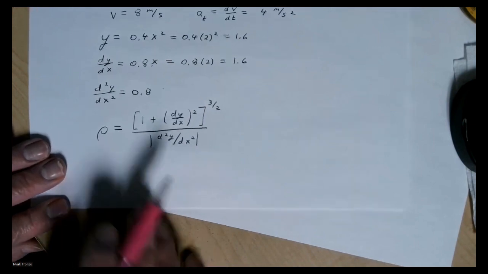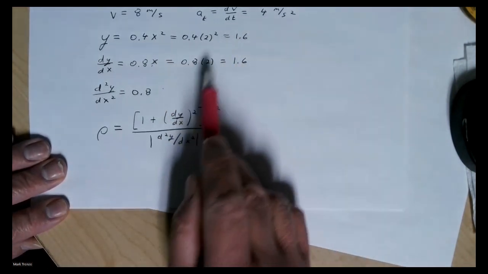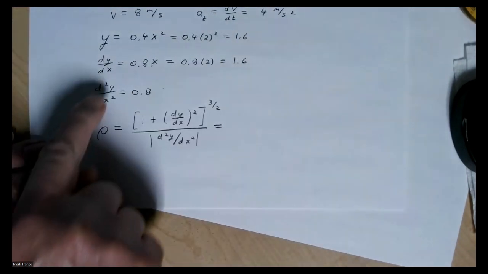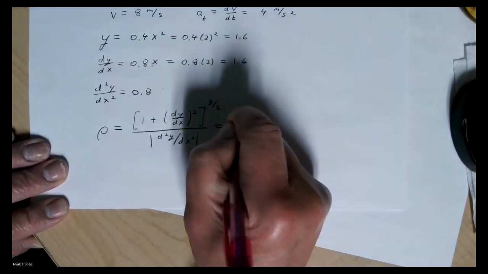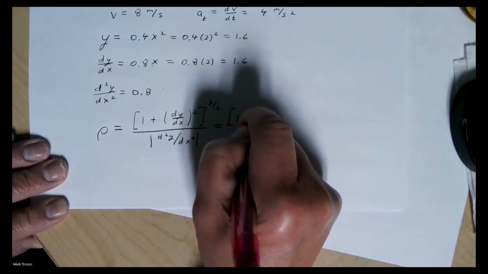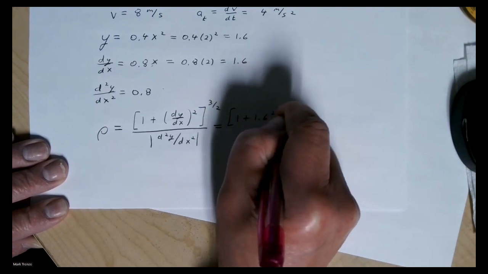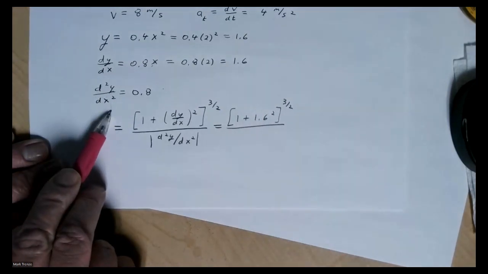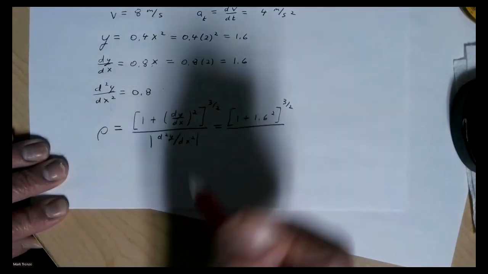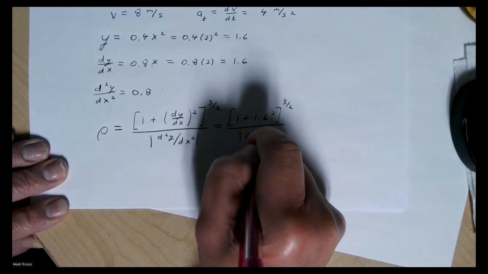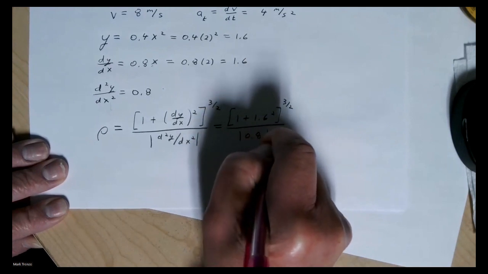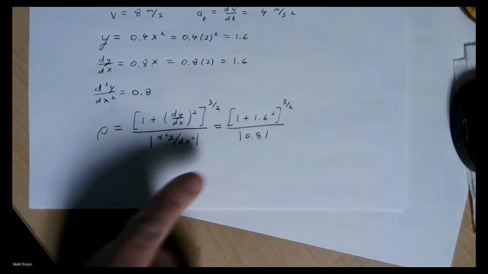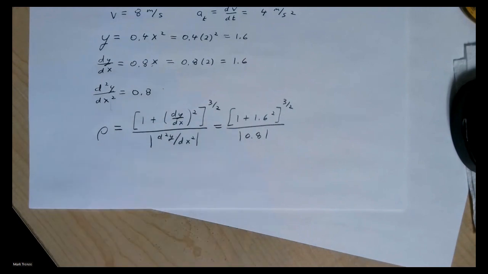What I choose to do in this case, I put the 2 in first since I knew that's where we wanted to evaluate it. So now we can calculate this. If we put 1.6 here, and we put the second derivative down here. Notice that it's the absolute value of the second derivative, but since it's already positive, we don't have to do anything.